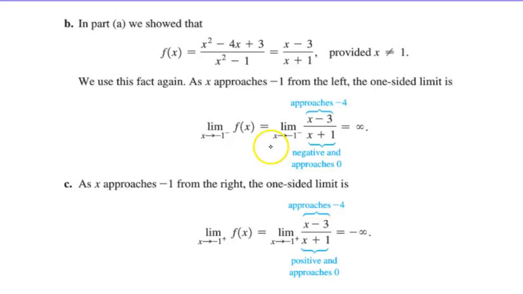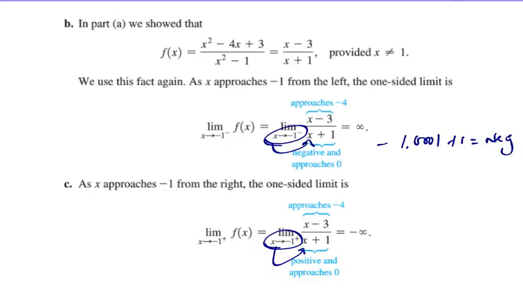Again, the denominator is approaching 0, but you can't just plug in a negative 1. You have to look at negative 1 from the left, and this says approaching negative 1 from the right. So in the denominator, you're thinking of something like negative 1.0001, and then plus 1, gives you that negative number in the denominator.